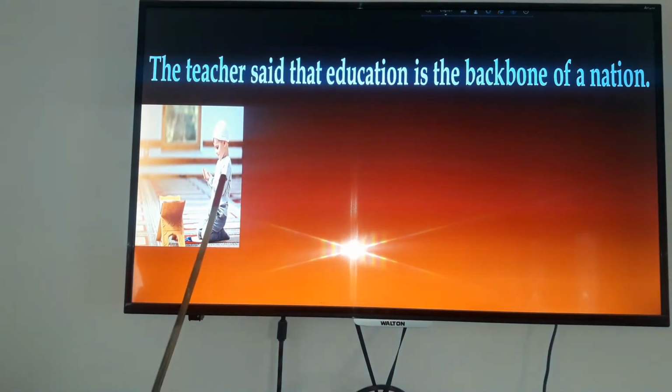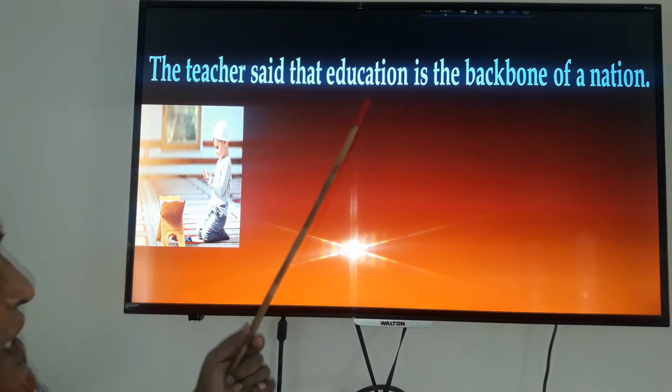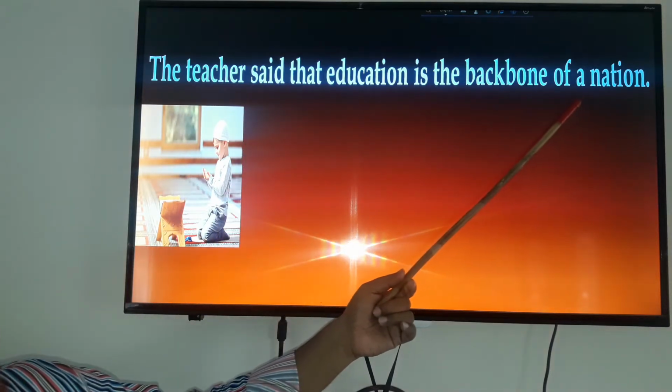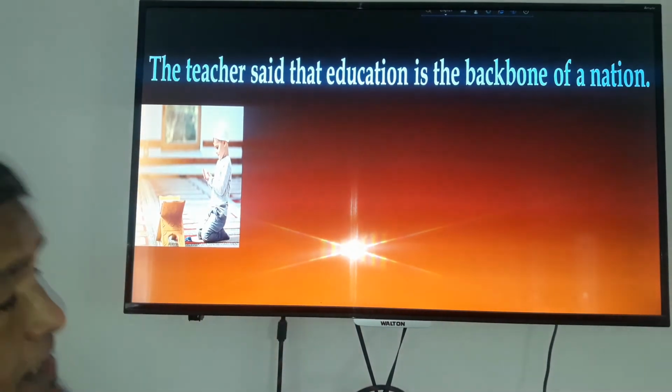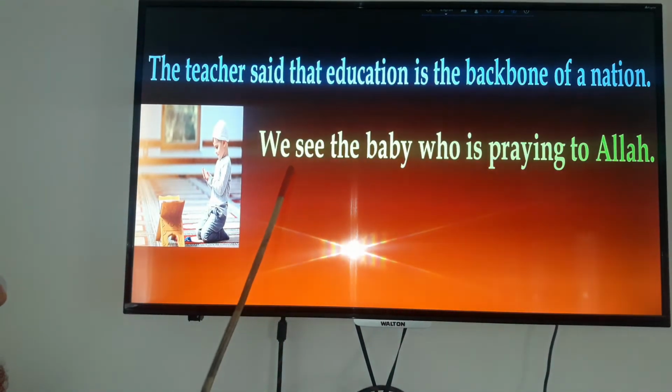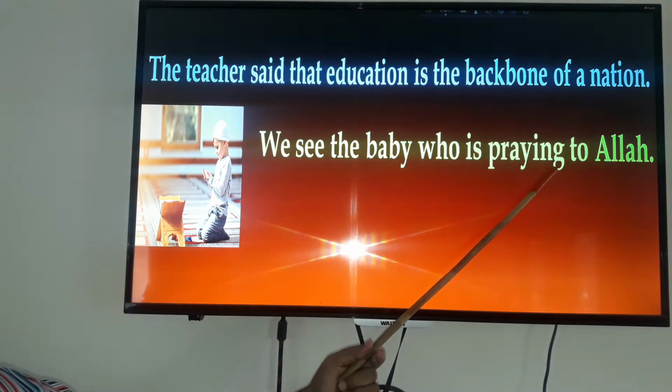Here we see a baby boy is playing. The teacher said that education is the backbone of a nation. We see the baby who is praying to Allah.